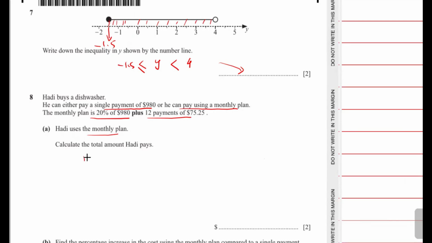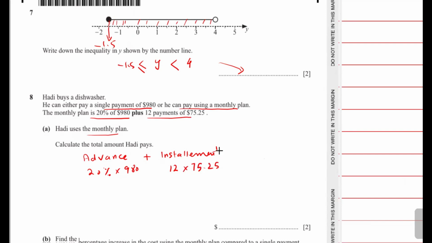We write the advance value here. This advance is 20% of 980, plus installments. These installments are 12 installments, one per month, and each month he pays 75.25.